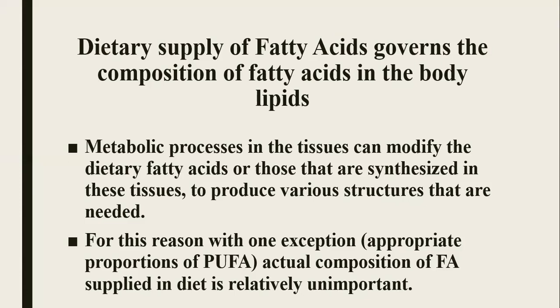Like palmitic acid is a 16-carbon fatty acid, it can be converted into an 18-carbon fatty acid by the enzyme elongase. Or there are enzymes called desaturases. They can introduce a double bond in the saturated fatty acid to form unsaturated fatty acid.